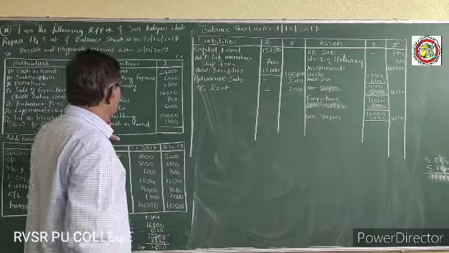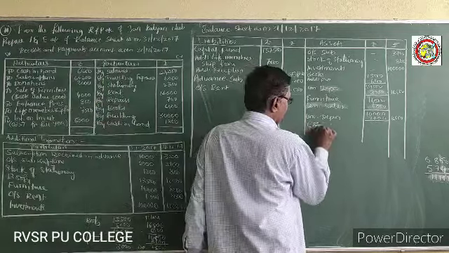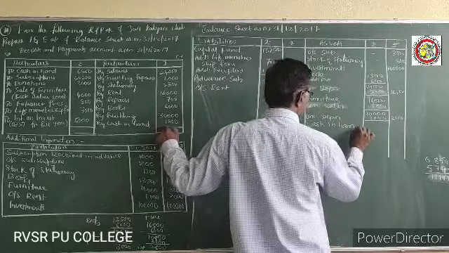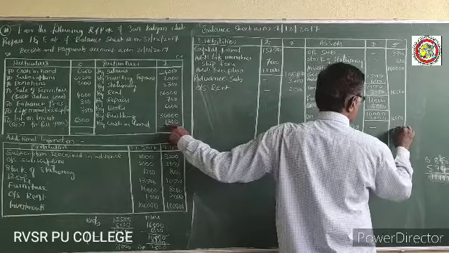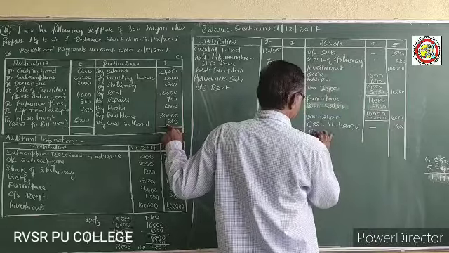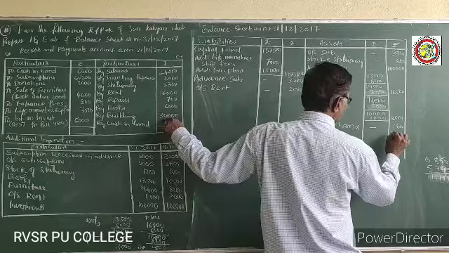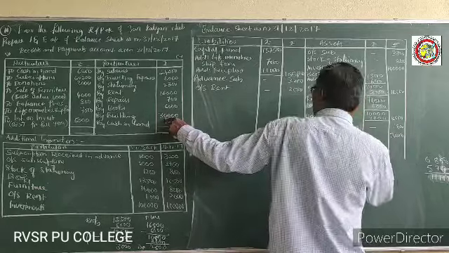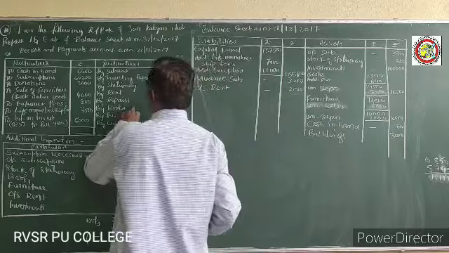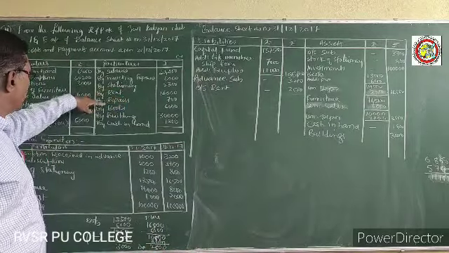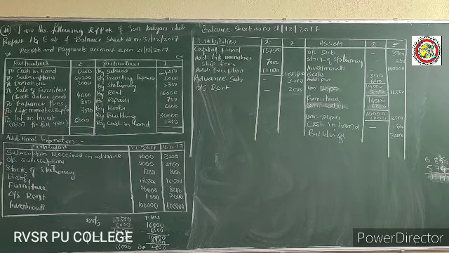After this, cash in hand 1,800. Buildings, purchase value 30,000. Books over, stationery over, cash in hand over, furniture over, investments over, everything is over.